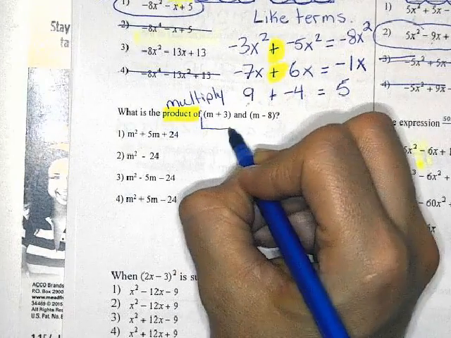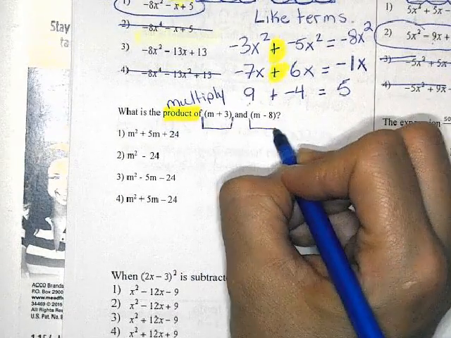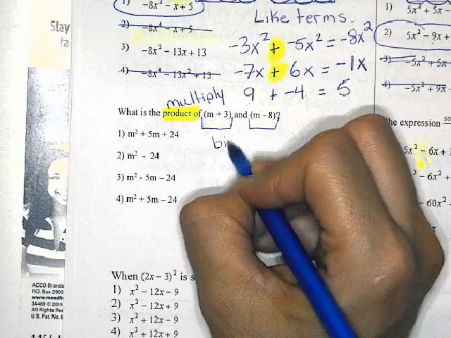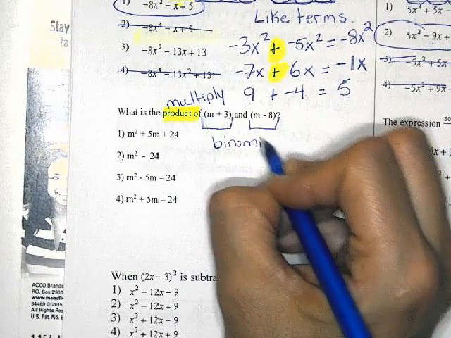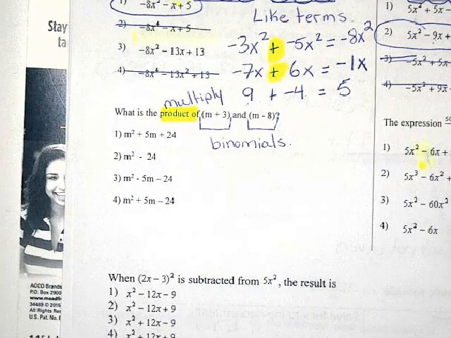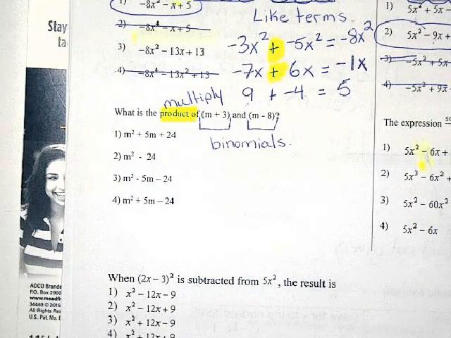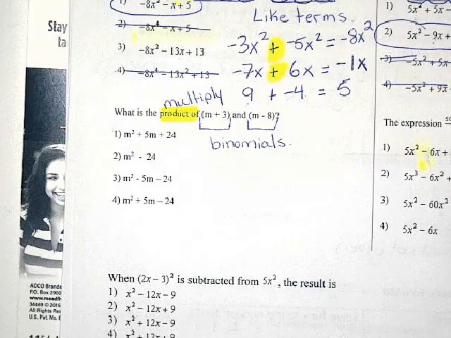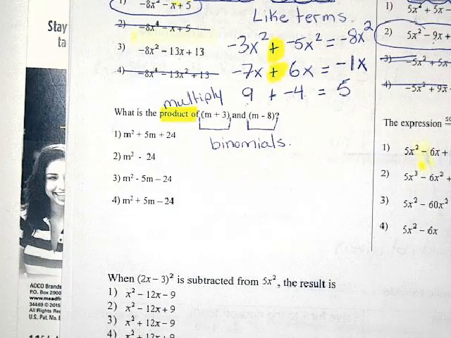These are called binomials, because they're 2 pieces each. So what was the other one called? Polynomials. Polynomials means many terms.